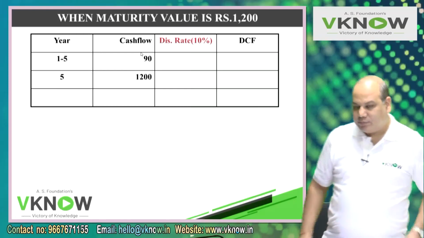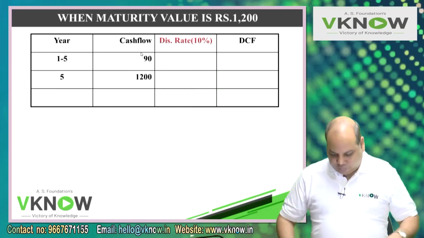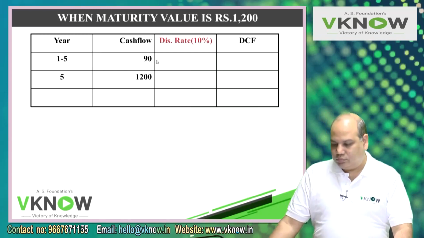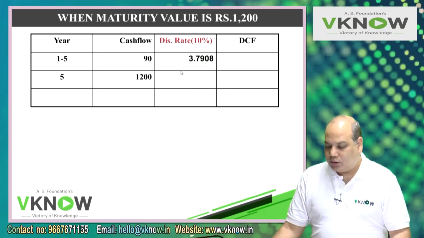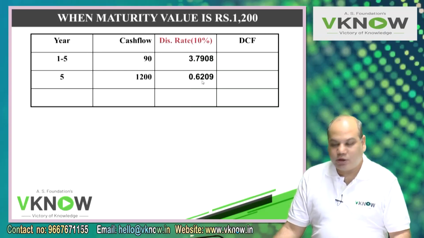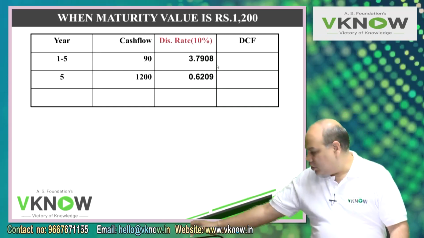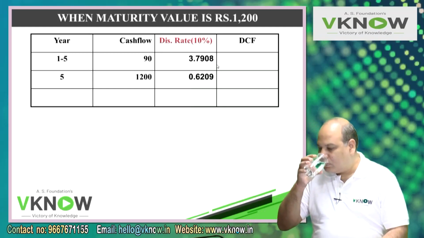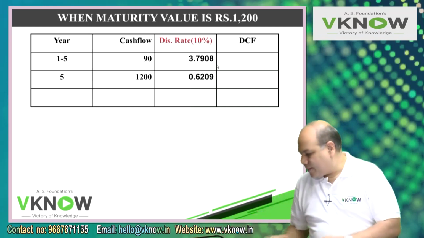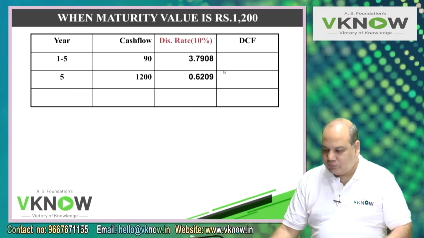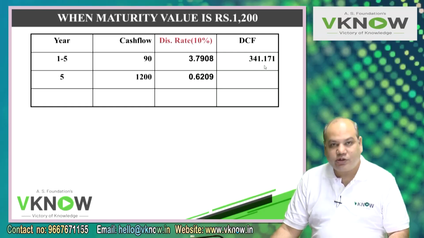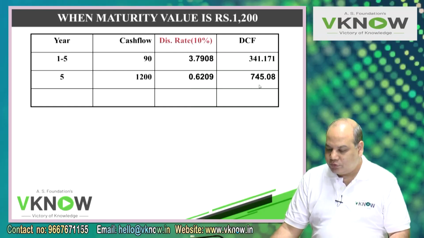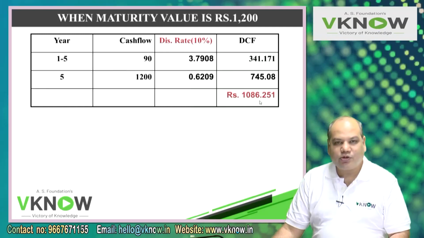Yes, complete it. 3.7908, 0.6209 is already there. Multiply, add. So it comes to 341.171, 745.08, total will be 1086.251.